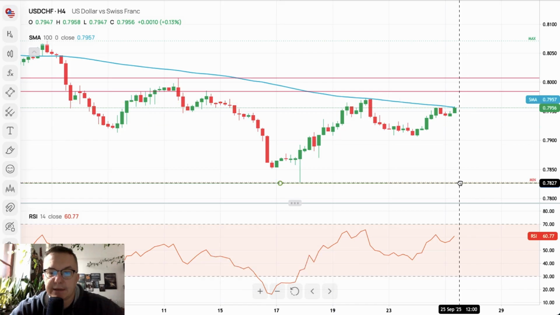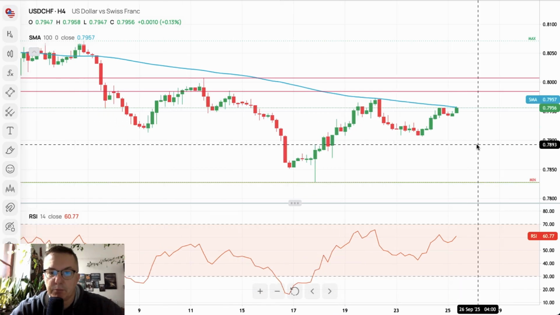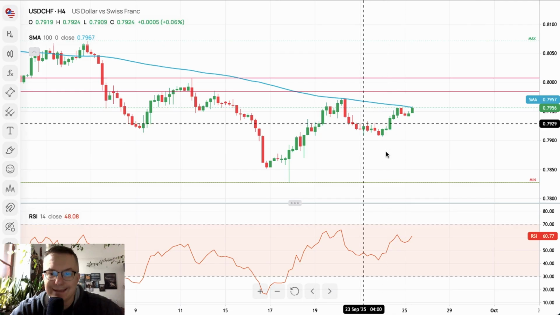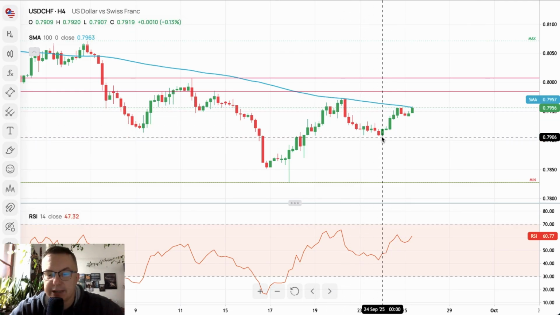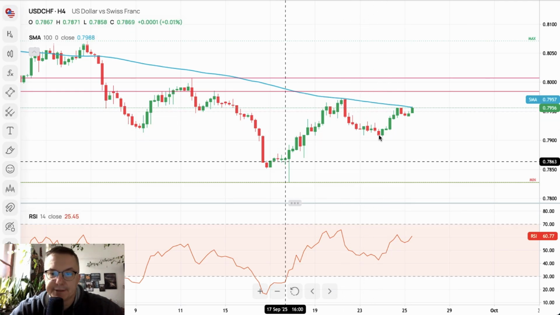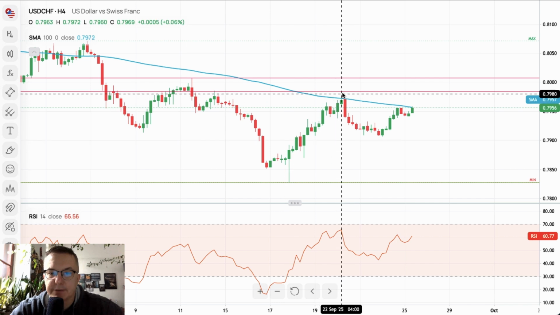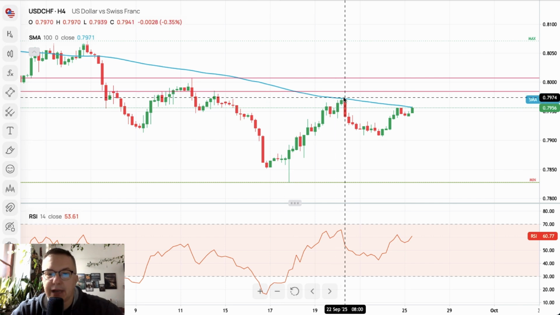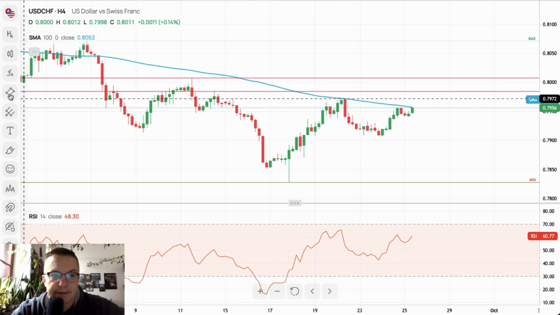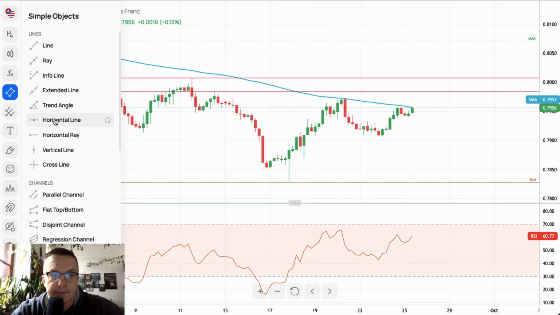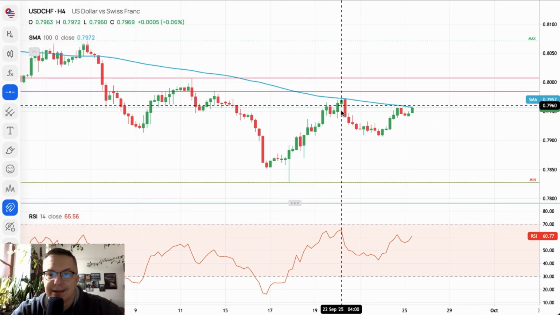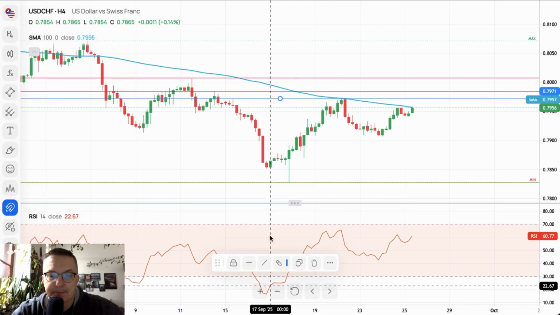So it looks like this market is a little bit more bullish than it was before. Quite a deep retracement, quite a deep pullback after this upswing was made, but the 100 period moving average is still playing a nice borderline for the bulls.